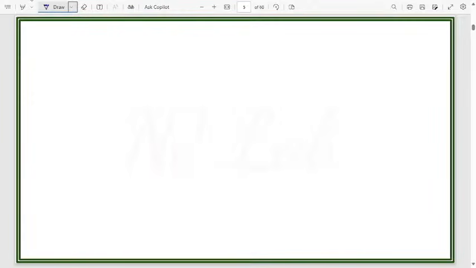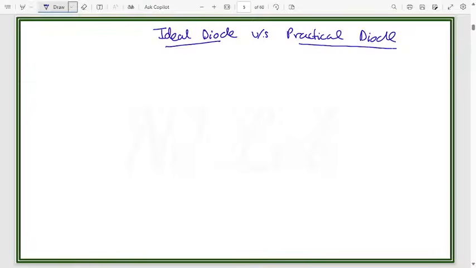Now coming to the next topic, where I will tell you about the ideal diode versus the practical diode. As the name itself says, the ideal diode is something that we want to achieve, and the practical diode is the one that we actually have, and it has some limitations.